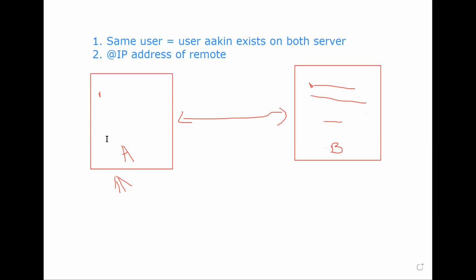I'm going to create a user account here on server A. Let's say server A's IP address is 192.168.100.21, and then this one must definitely be 192.168.100.22.